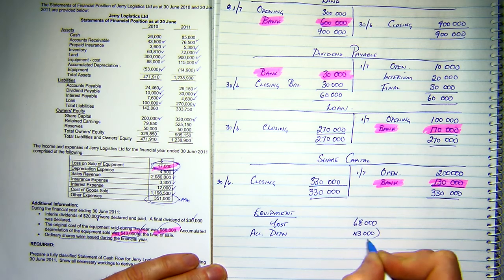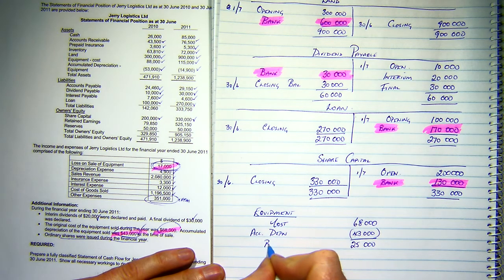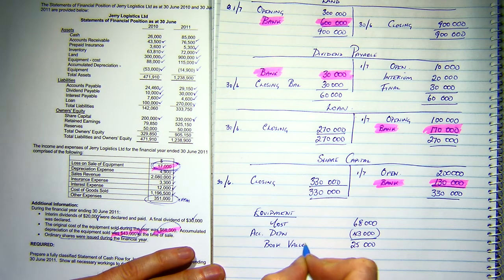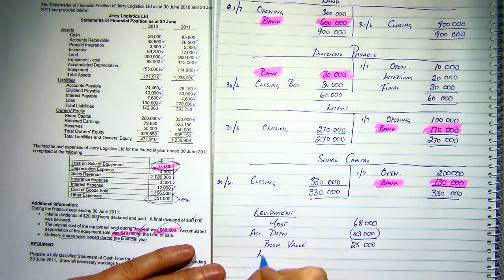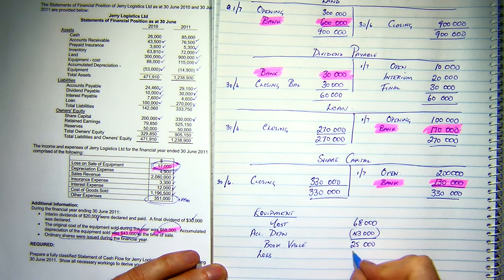So that means that we had a book value of 25,000. Now we made a loss of 17,000 there.